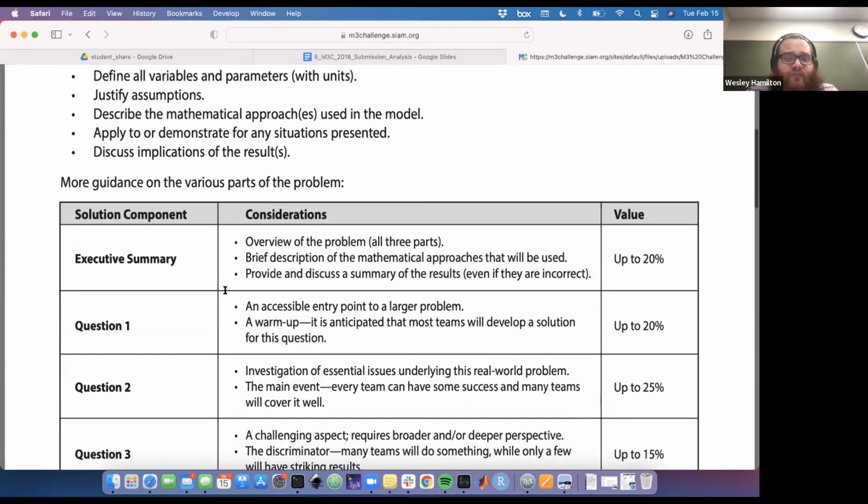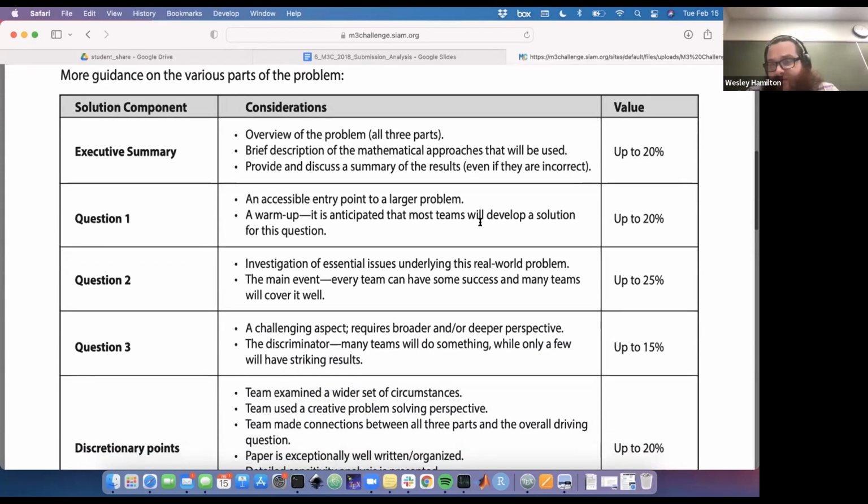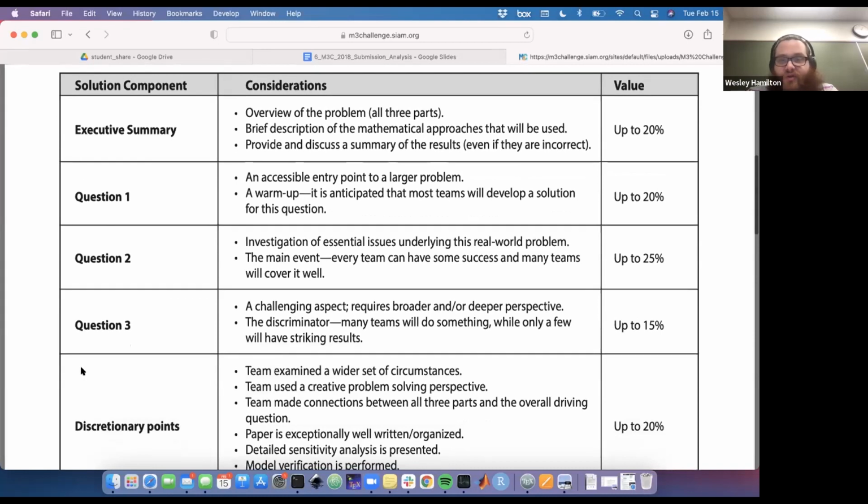And then they give roughly the percentages for how each portion of your submission is scored. So the executive summary, which is usually this 1-page overview of everything, is about a fifth of your points.